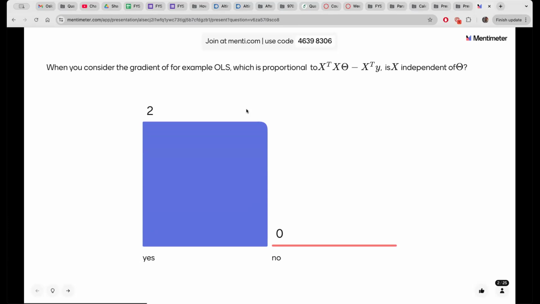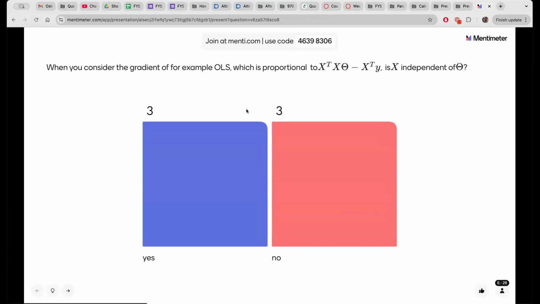Let's see what the popular voice says here, the voice of the people. So if you look back at what you've been programming, no dependence on this, independent of theta. So it's actually in the text. Is x independent of theta? Is x a function of theta?